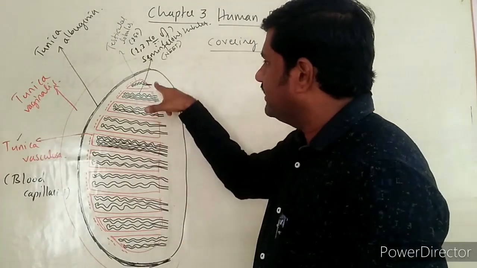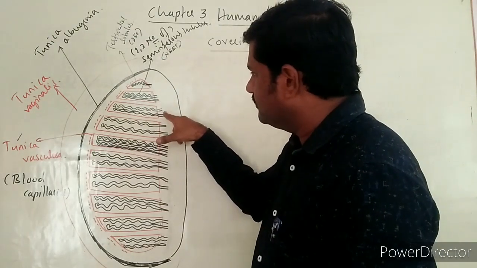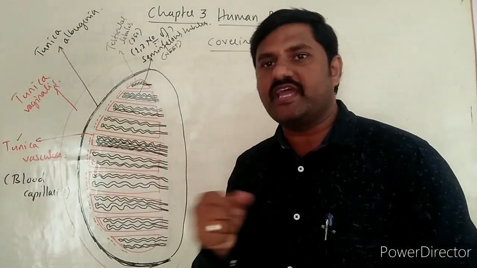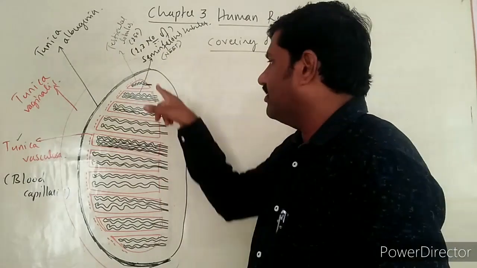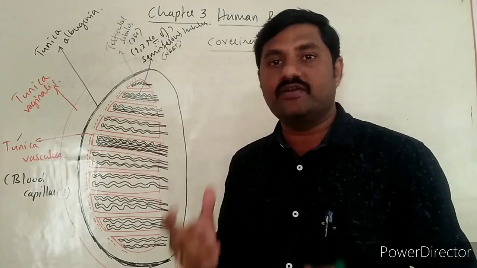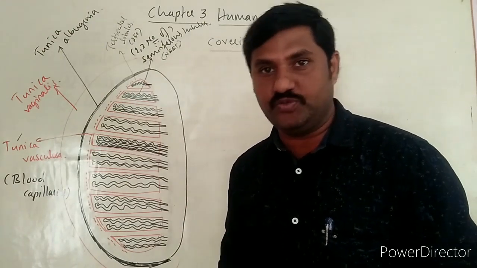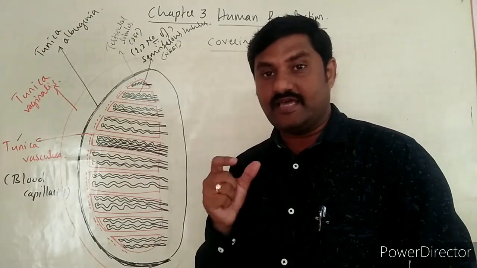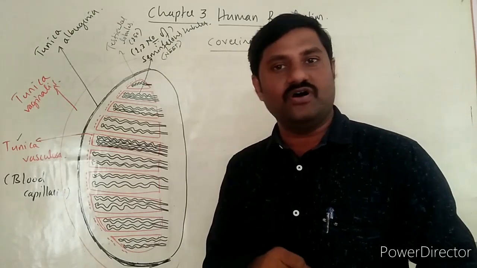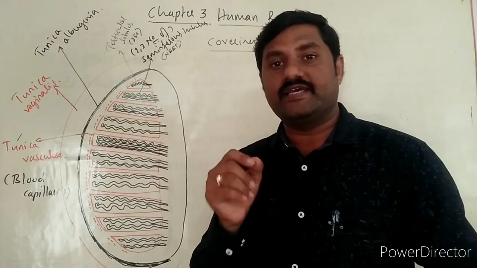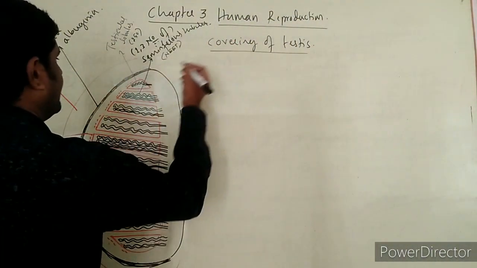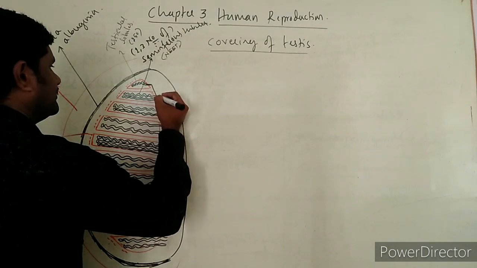And the ends of these seminiferous tubules become straight tubules, and all those straight tubules together form a network of fine tubules. That network of fine tubules is called what? I am going to show this very clearly to you.